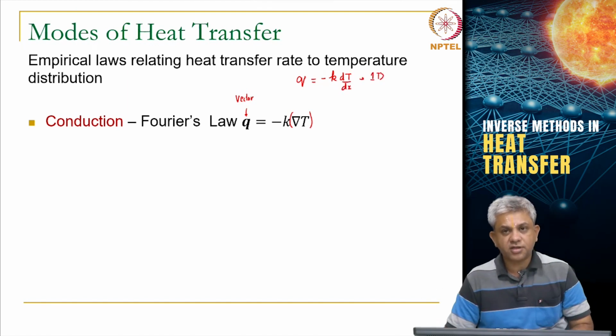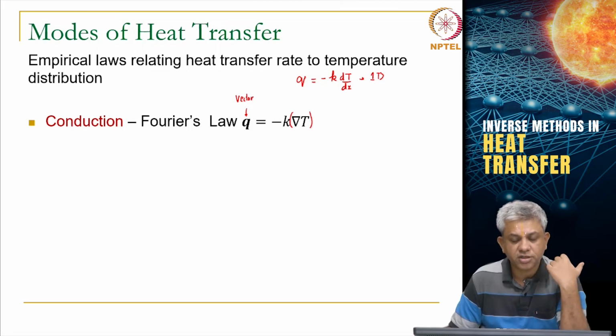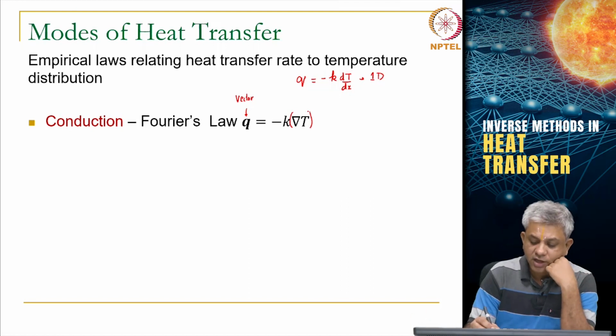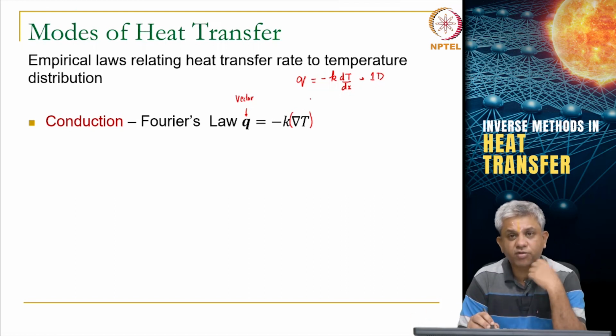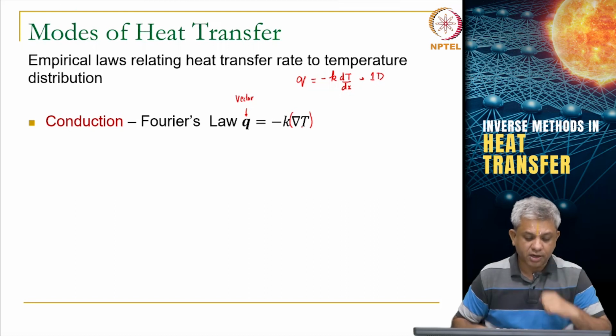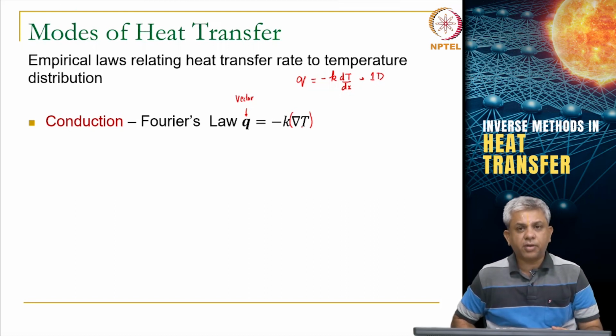That is because heat transfer is a vector quantity, it has a direction as well as a magnitude. So, the direction in which heat flows is found out by the direction of the gradient of T, which happens to be, if you remember your vector calculus, the direction in which temperature changes the most rapidly. So, conduction is determined by Fourier's law.